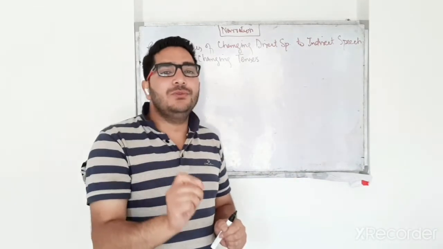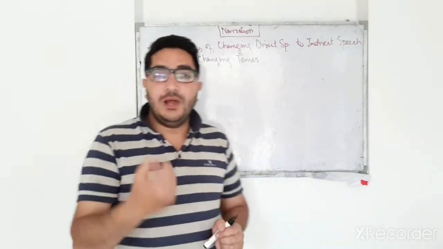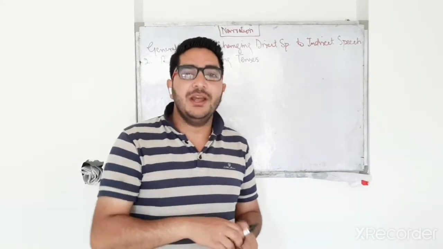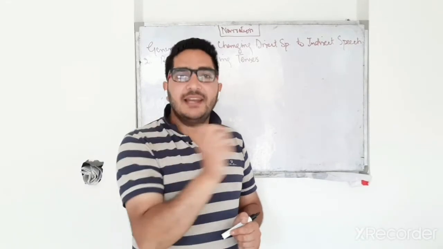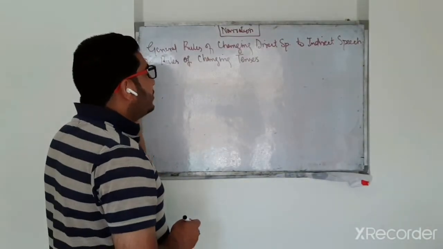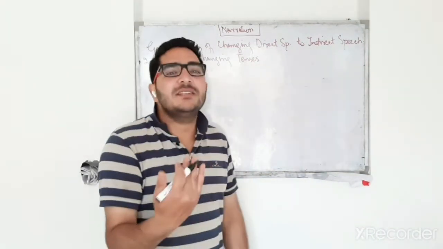The first rule, which we discussed, was how a reporting verb is changed when we write a direct sentence into an indirect sentence. Now the second rule is rules of changing tenses. How tenses are changed.